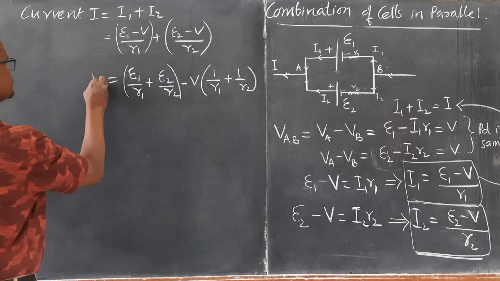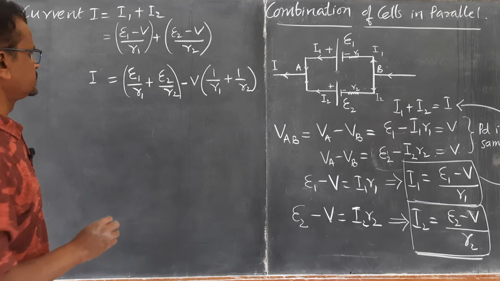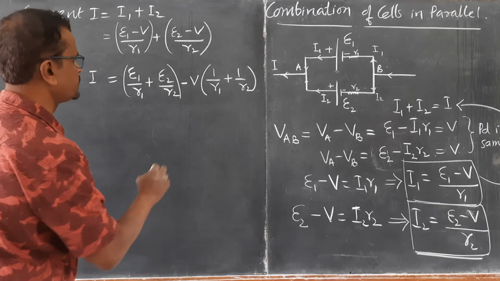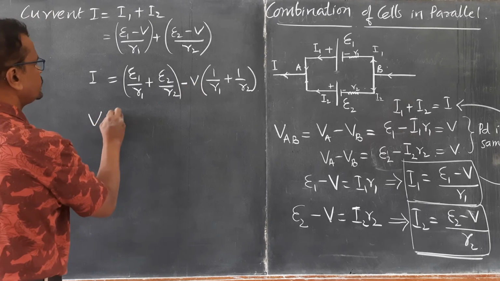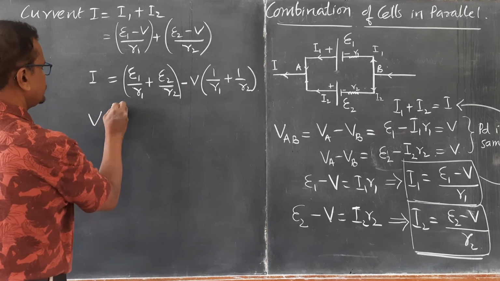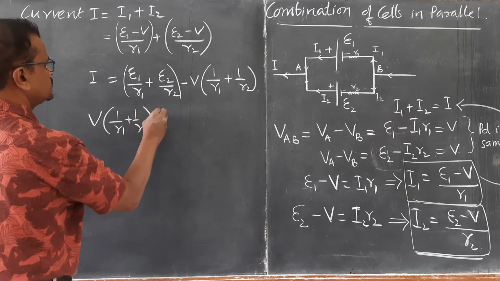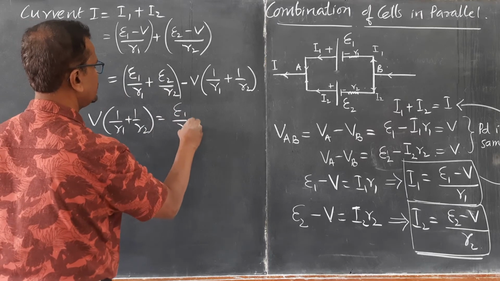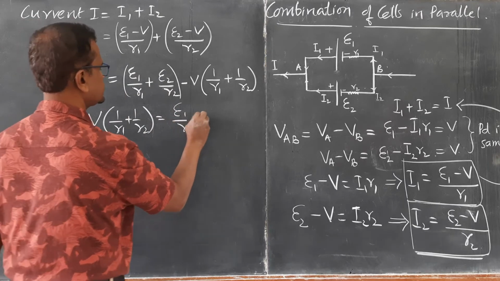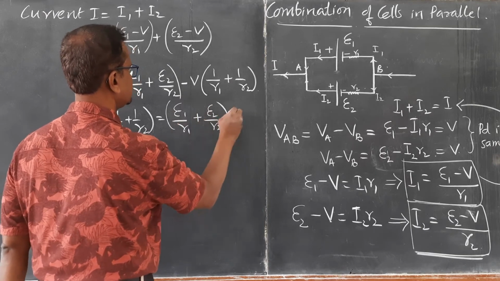So this is for the current I. Now let me find out the equation for V, that is terminal potential difference. V into 1 upon R1 plus 1 upon R2, if you take it out, then it becomes E1 upon R1 plus E2 upon R2, minus I.